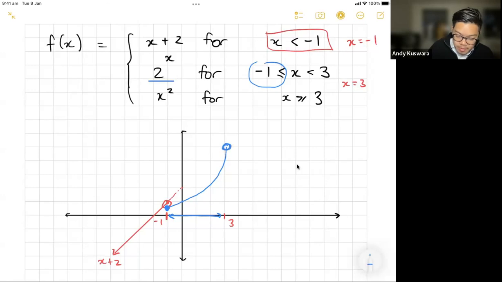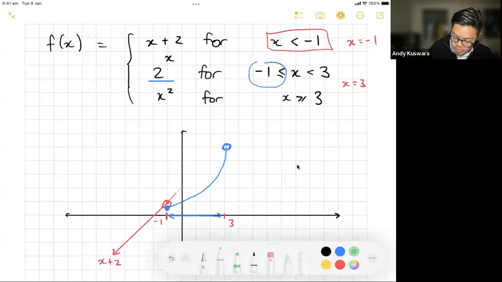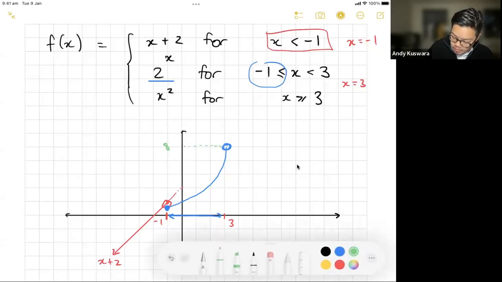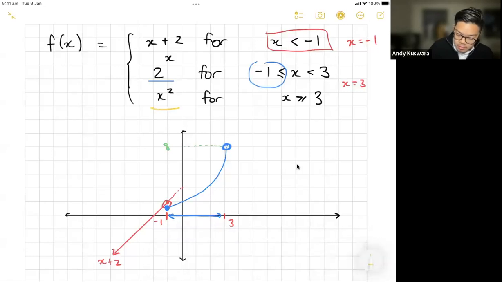From there, it's going to be x squared for x greater than 3. It would be a parabola, but it starts at 9 and continues all the way up to the right.